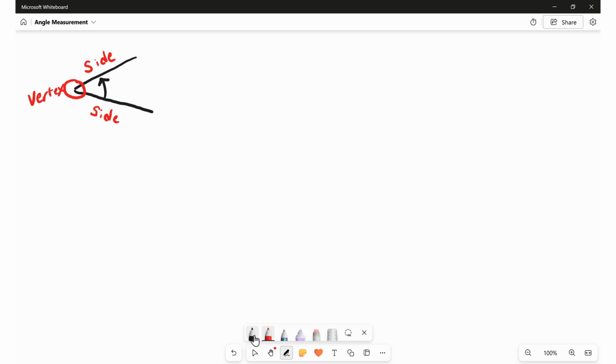Now, when we are identifying angles, let me draw this angle here. I'm going to say that this endpoint is point A, this vertex is point B, and this endpoint is point C. So there are ways to identify this angle.